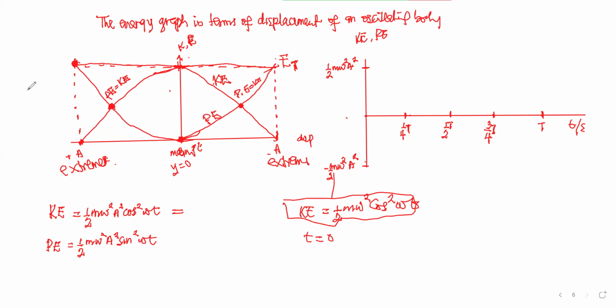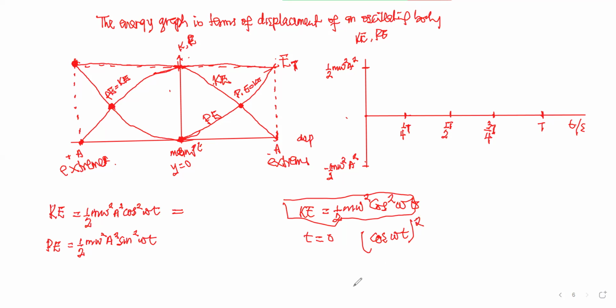Quick one. Let's quickly respond. When t is 0, what will be KE? Or whoever has seen it can share with us. Please, cos squared omega t is the same as cos omega t all squared.